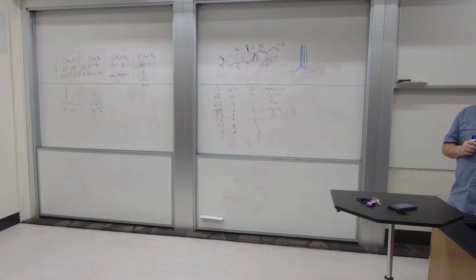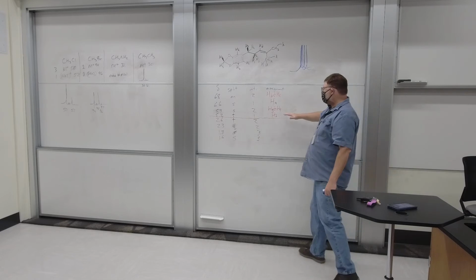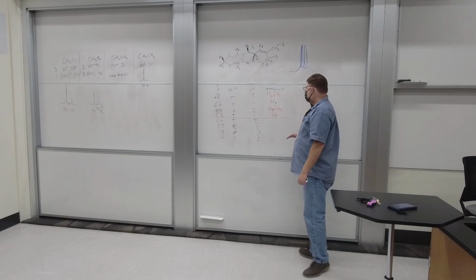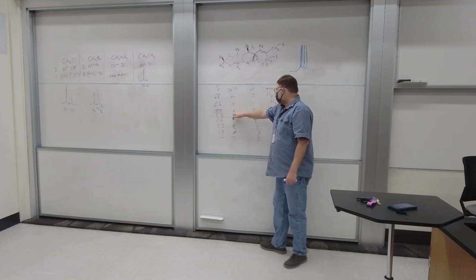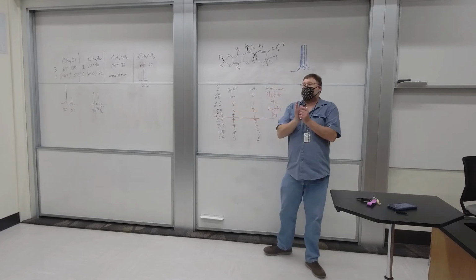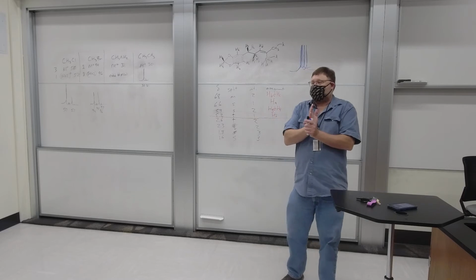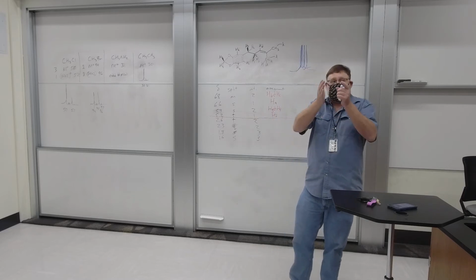You've got homotopic, the same. You've got enantiotopic. They're enantiotopic. So because they give one signal, they're magnetically equivalent, right? So it's a clean singlet. If they were just coincidentally in the same place, it'd probably be a multiplet, or it might even look like a doublet if they were both singlets. I've had that happen.